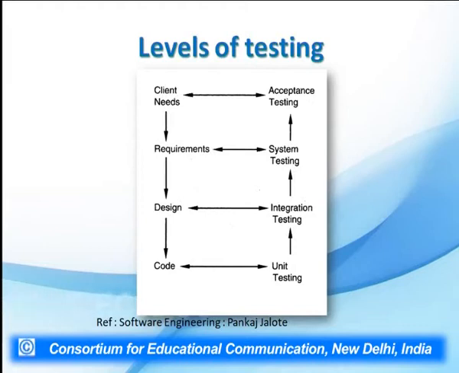And then we have the code: whether the code has been written correctly or not is checked as a part of unit testing. So different levels of testing are performed to check the conformation of the system to the user's need and that the system fulfills the user expectation in all circumstances.